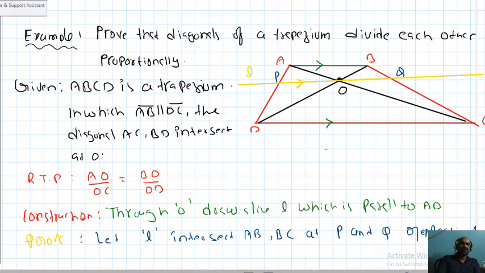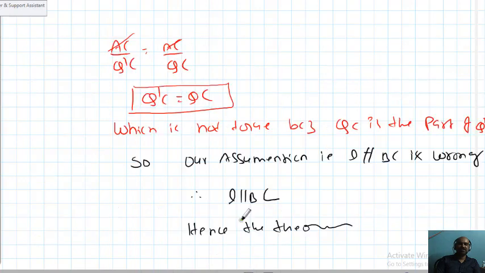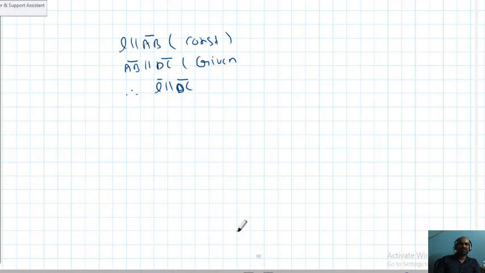Now, first of all, I want to take triangle ABD. In triangle ABD, PO is parallel to AB. L means you can say PO also.